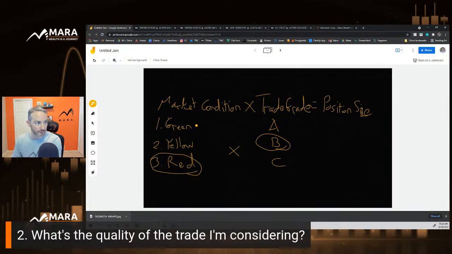If I'm in a green market condition, I'm going to be taking trades at 1.5 times risk. If the market's in a yellow condition, it'll just be 1 times risk. And if it's in a red condition, then it'll be half, so 0.5.